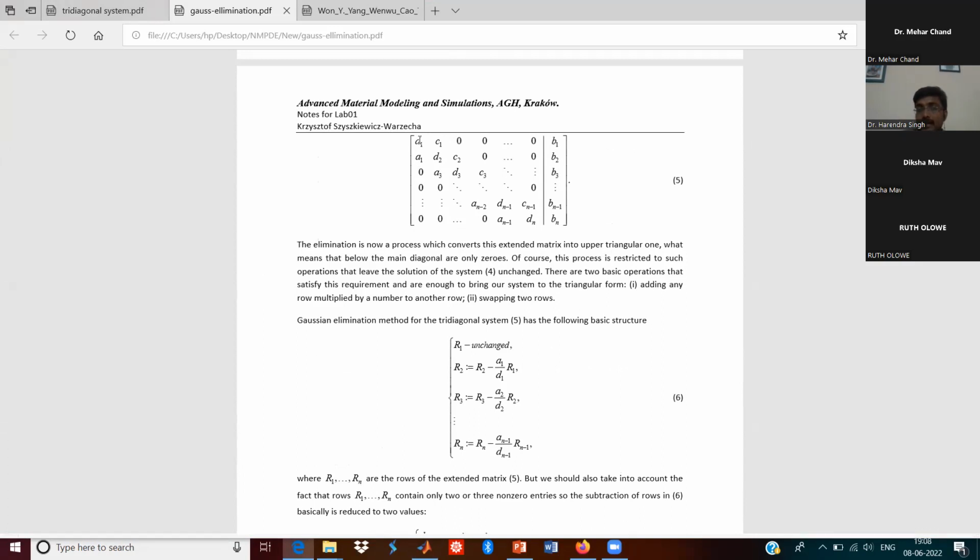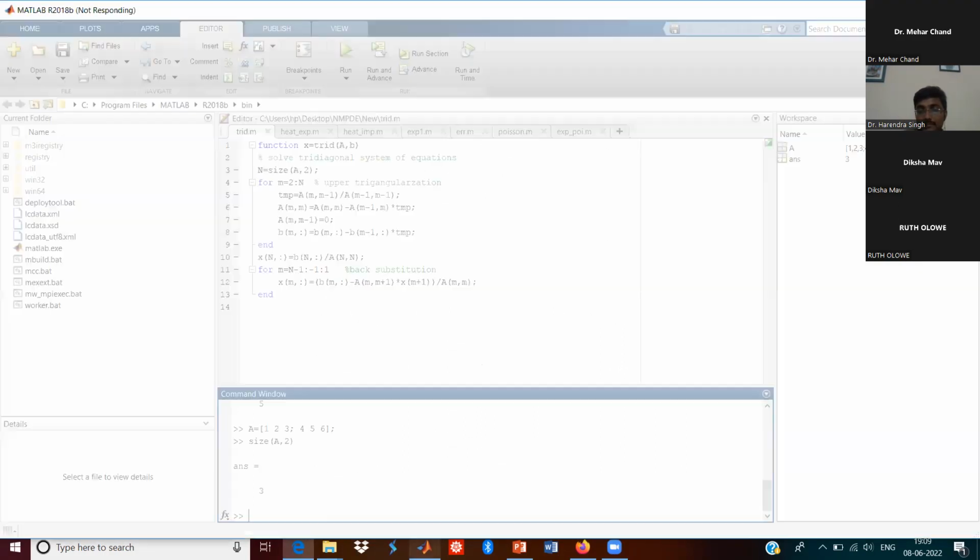That is, the column is m minus 1, but the row is m and m minus 1, that is the second row and the first row.